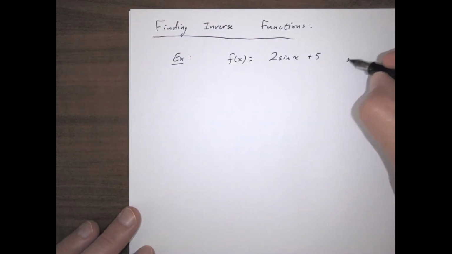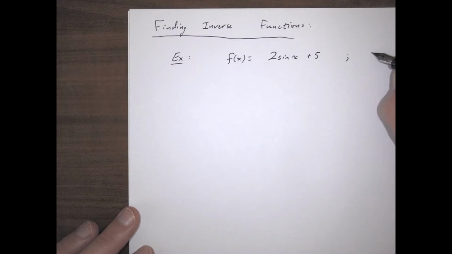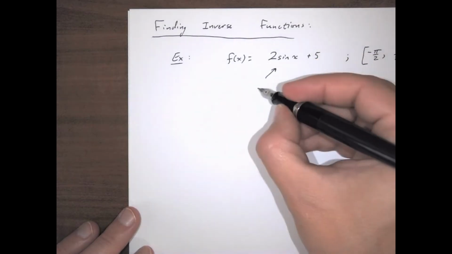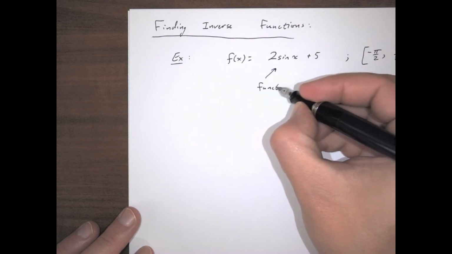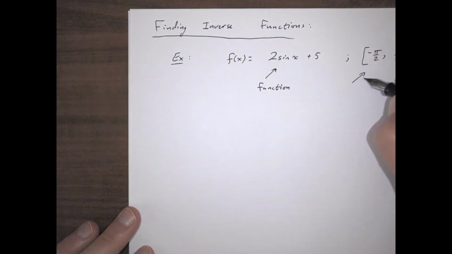And then we'll be given a specific domain, negative pi over 2 to pi over 2. So this is our function, and this is the domain.